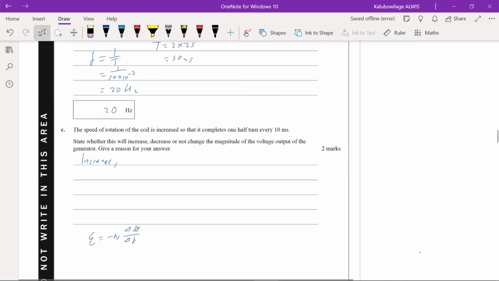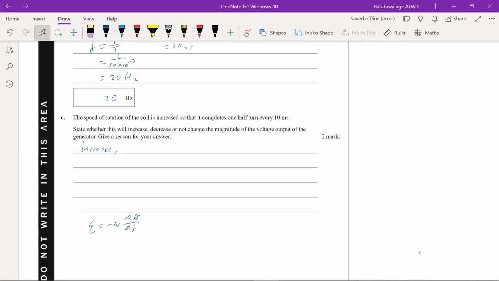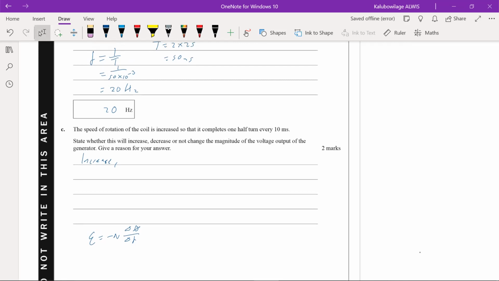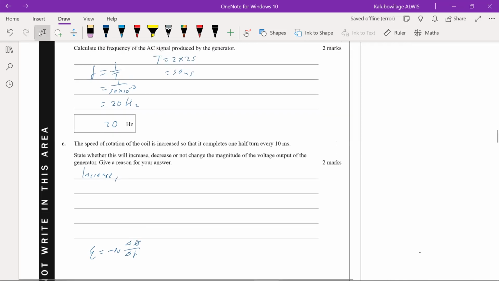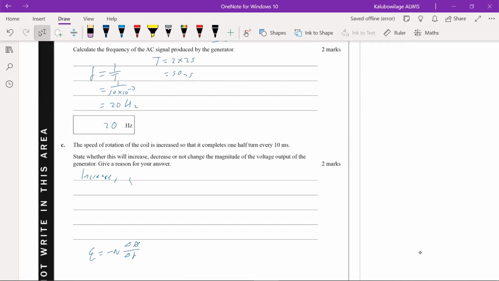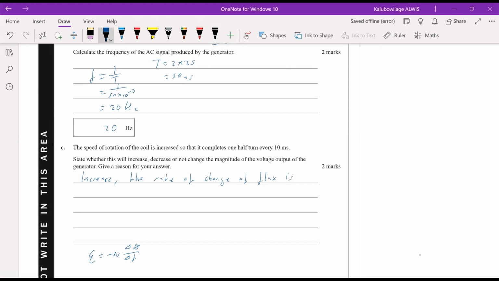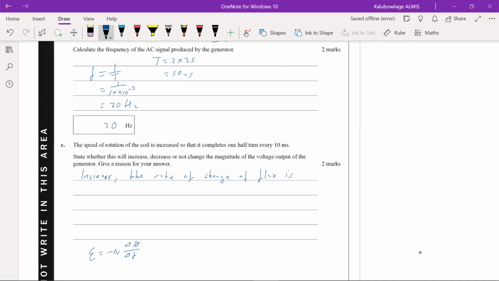If the speed of rotation is increased, the change in time is down, so the rate of change is increased.